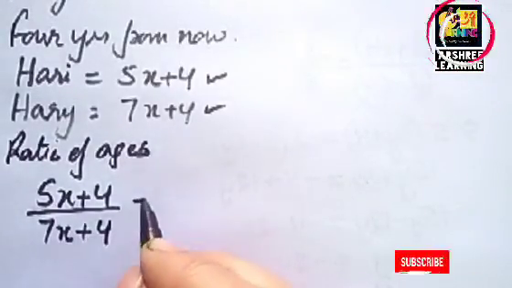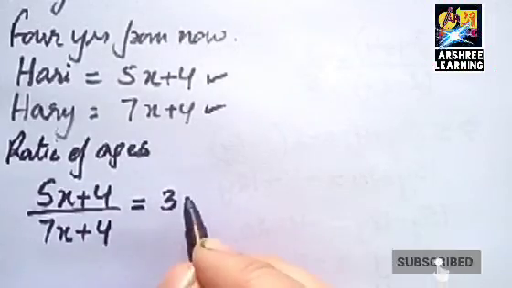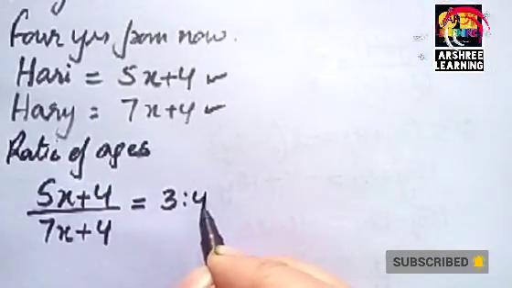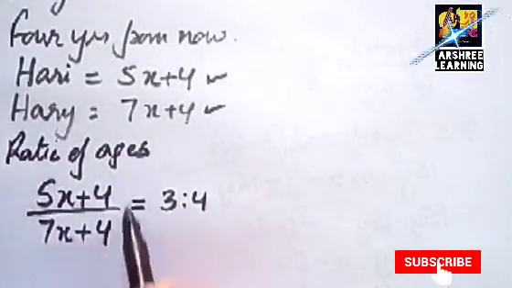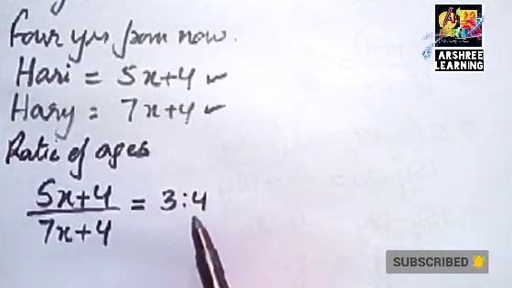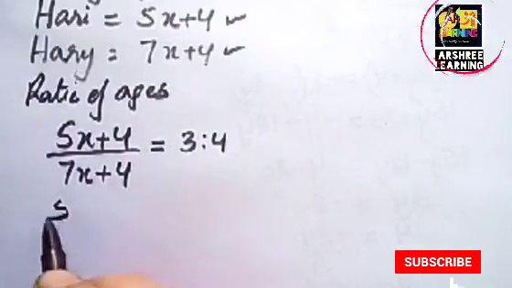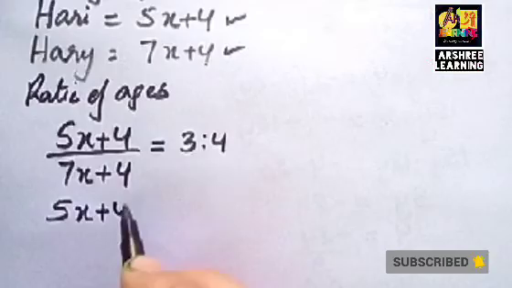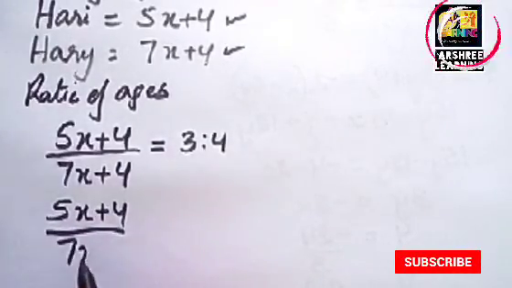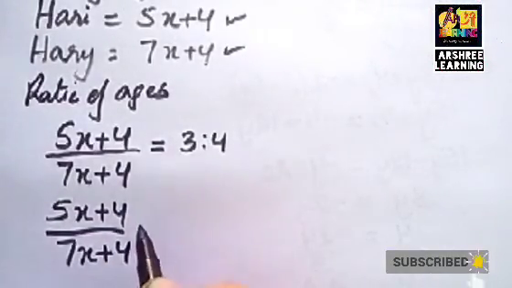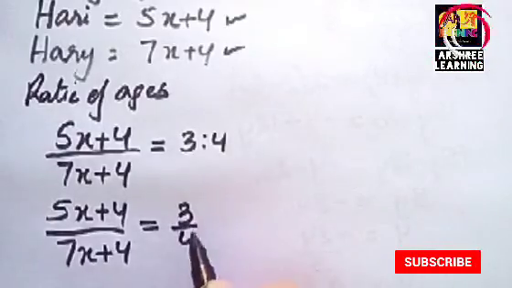The ratio becomes 3:4. It means after 4 years, if we compare the age of both, it will become 3:4, which means 5x plus 4 divided by 7x plus 4 is equal to 3/4.